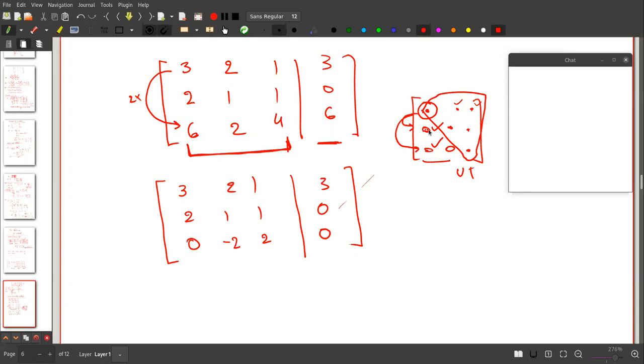I want to make these two elements zero with the help of the first element of the first row. I take this one, multiply by something and subtract from the second one to make it zero, and again multiply and subtract from the last one to make it zero. This is the basic operation I want to do. So first of all, I want to make these two zero. This is clear?